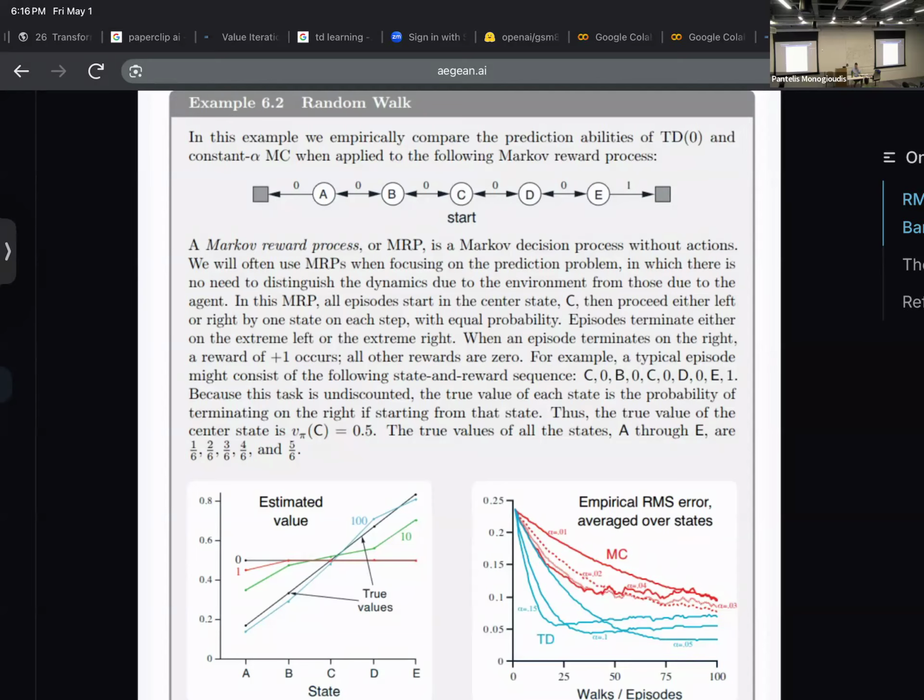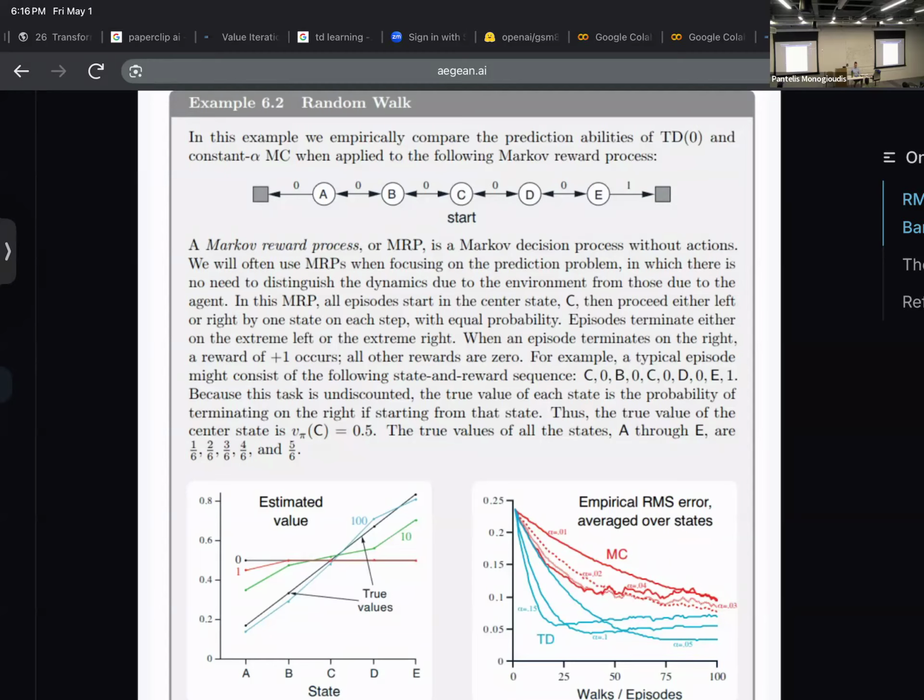So you see over here the problem. I will replicate the problem in terms of the graph that you see here with states and two terminating states. The states are A to E, and we have two terminating states on the left and on the right. Only when you terminate on the right can you get a reward of 1.